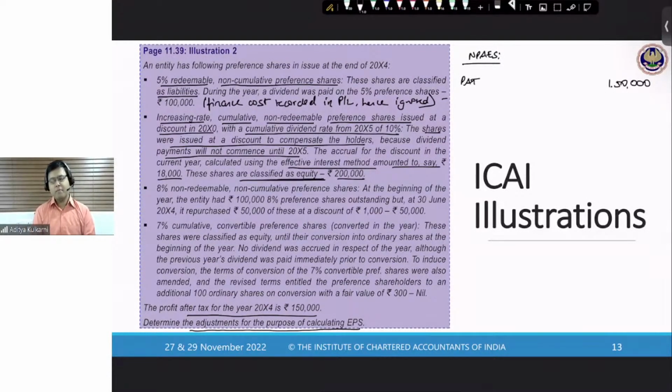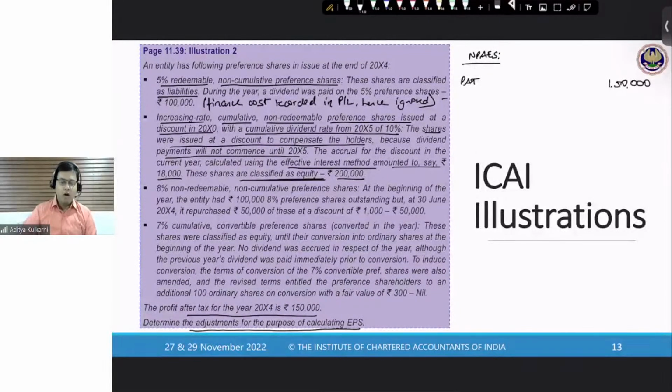Can I take it to my P&L? Answer is no, you cannot. You will have to adjust it in your other equity, in your securities premium or some such accounts. Okay, so that discount will be met from components of other equity which is there in your balance sheet. That means the discount is not coming and hitting the P&L.